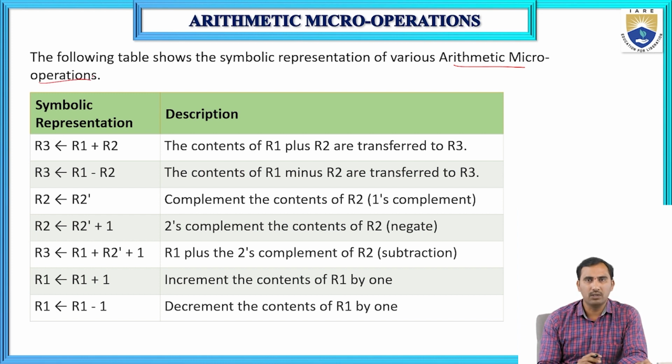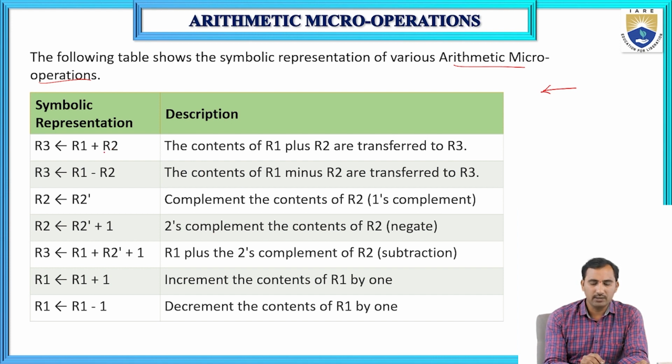Already we know the micro operations in register transfer are represented using the arrow. So the first one, R3 arrow R1 plus R2.